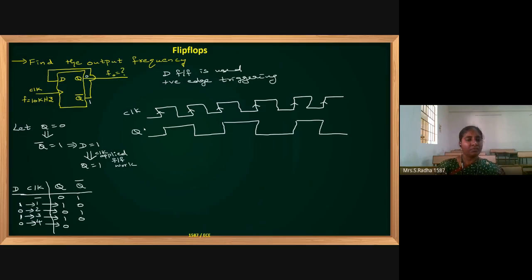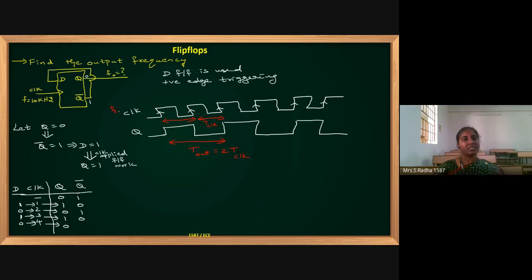Now if you see the time period, one positive and one negative is the total time period of the output waveform. This is the time period of the clock, and this is another time period of the clock. Here it is very clear, output time period is 2 times the time period of the clock.